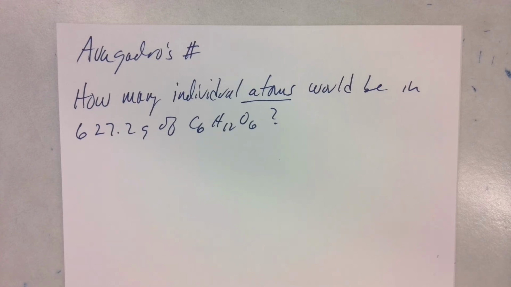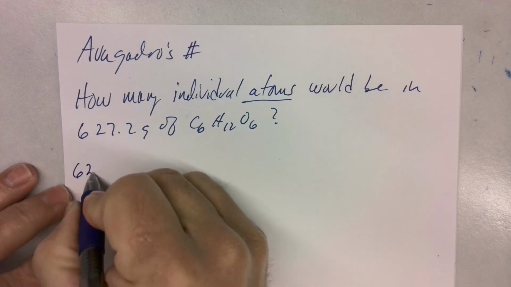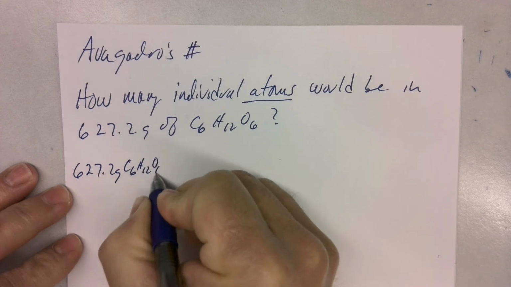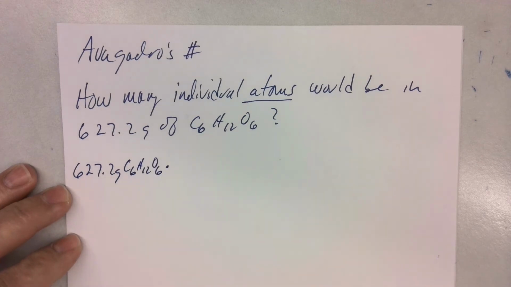All compounds exist as something. Starts with an M. Molecule. A molecule, right? So before I go to atoms, I've got to go to molecules. So I've got 627.2 grams of C6H12O6. Where do I go first?